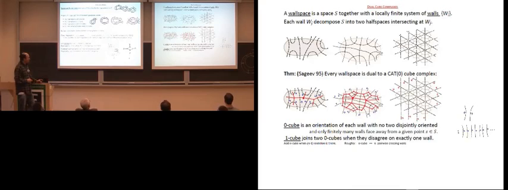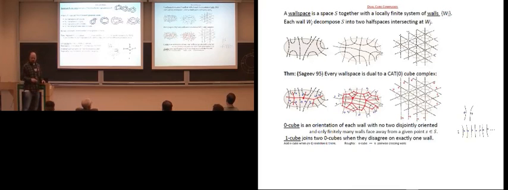where there's a higher level of complexity where you can have 3 or more pairwise crossing walls? Okay? So the way to do that is, I'll just describe it very quickly so that you have some sense of the flavor over here. A 0-cube is a choice of orientation for each wall. What do I mean by that?